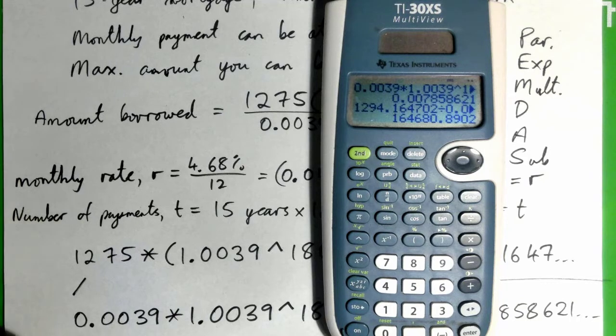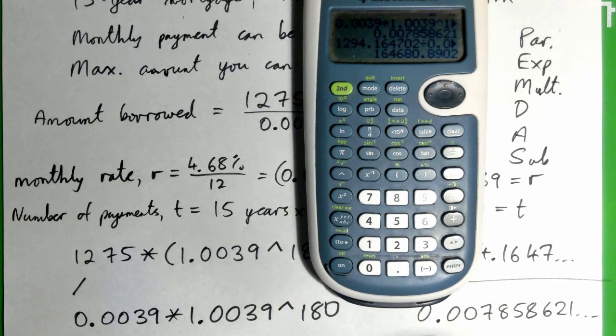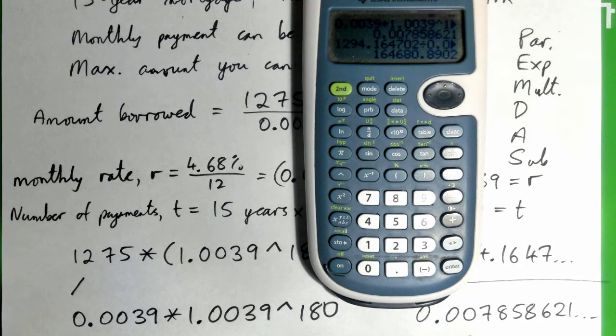And this gives me a nice answer here. And it should be 164,680 and so on. Let's see. 164,680.89, etc. And we're probably asked to round to the nearest dollar at least, or even the nearest $1,000.